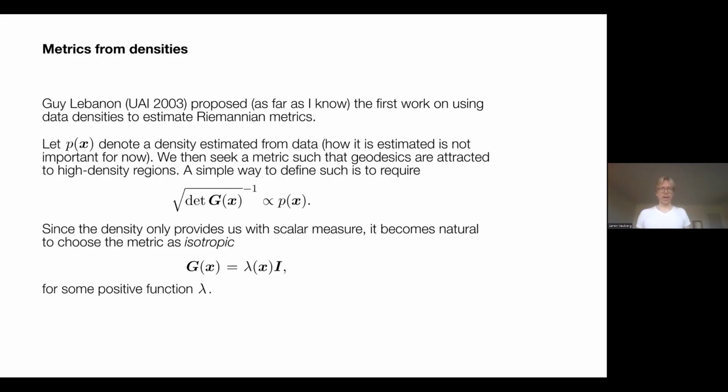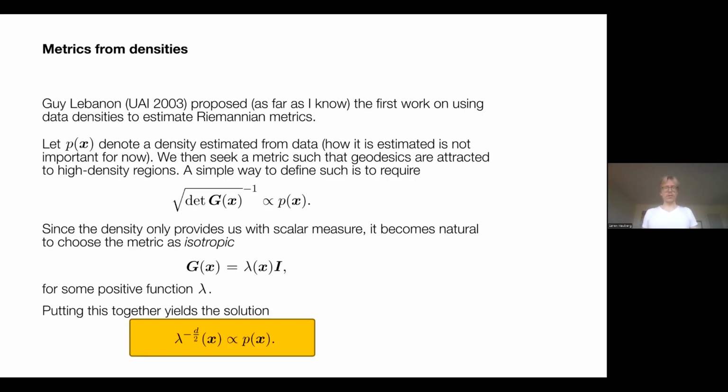And since the density only provides us with a scalar constraint on the metric, let's just assume that the metric is a scalar times the identity matrix. And that scalar here is given by lambda.